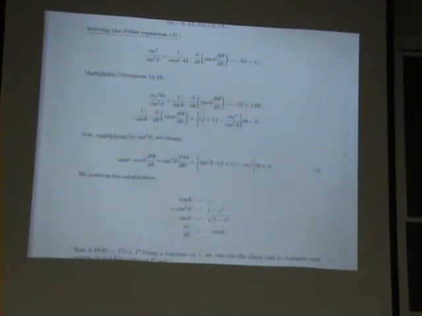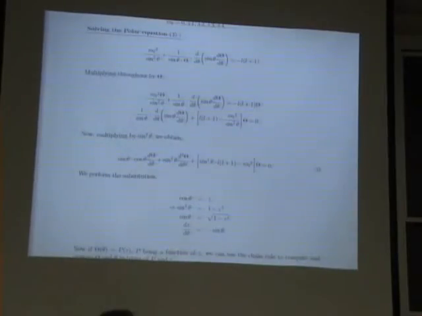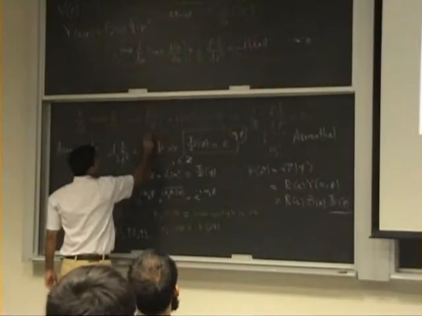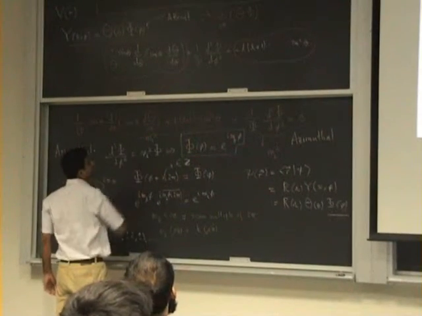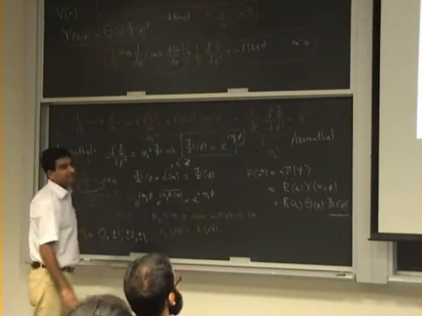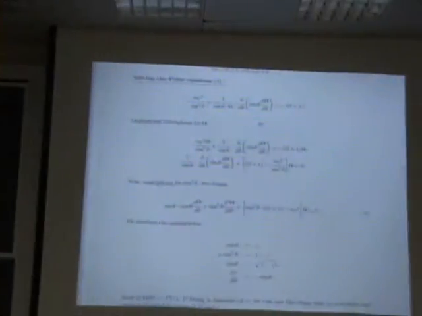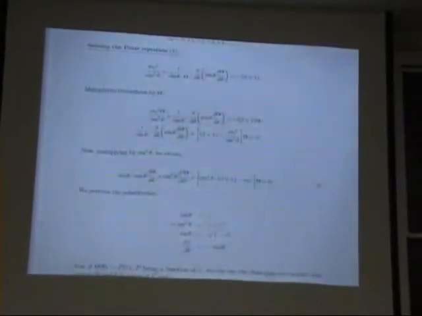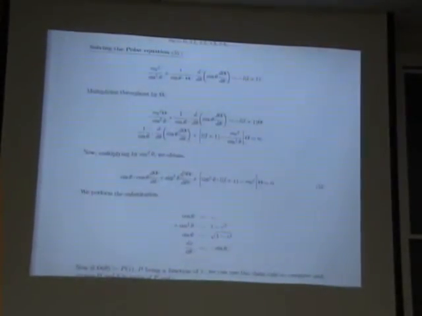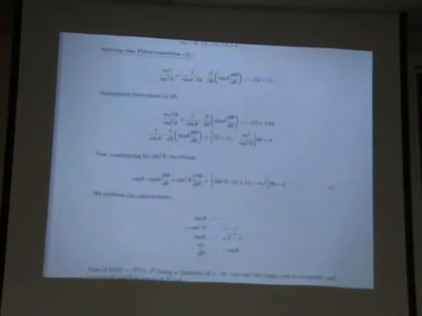Now this polar equation is simply this part, and this part must equal minus ml squared. So if you observe, shouldn't it be equal to n squared times phi?